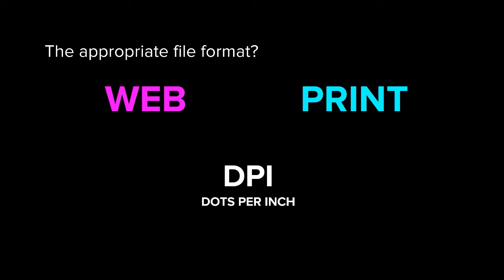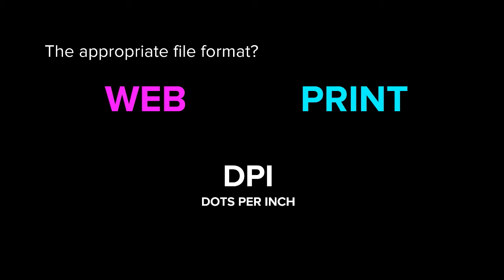So I guess the two main categories of destinations would be for web or for print. And the key difference between the two would be the actual pixel dimension of your image. So, for example, something for web might be say 800 pixels wide, versus something for print.